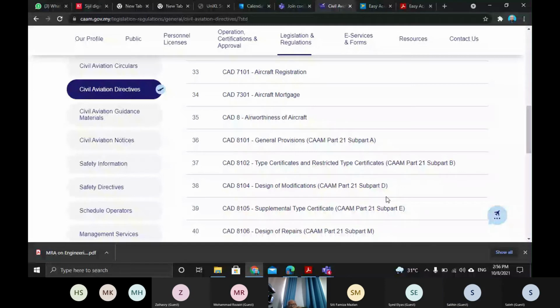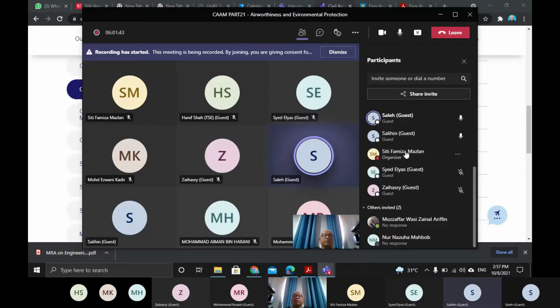That's how IASA implements their rules within Europe as well. Even outside of Europe, you can be a member of the union, so to speak, because you have to sign a technical agreement. Yes, the technical agreement. Okay, jelas? Ada soalan? Kena jelas ni.